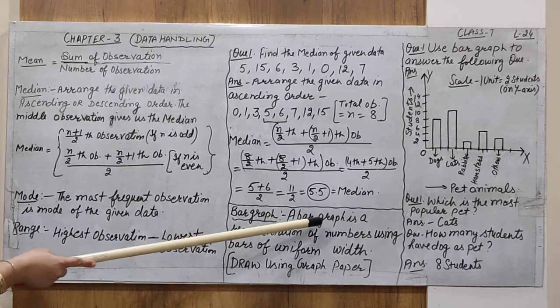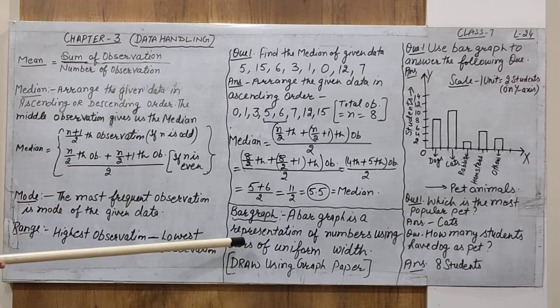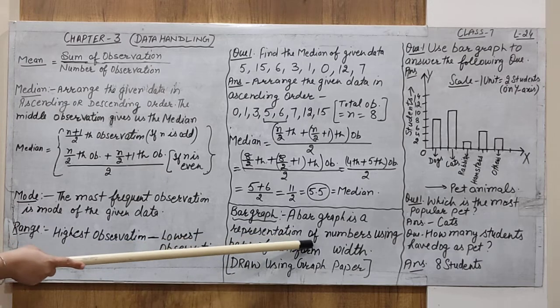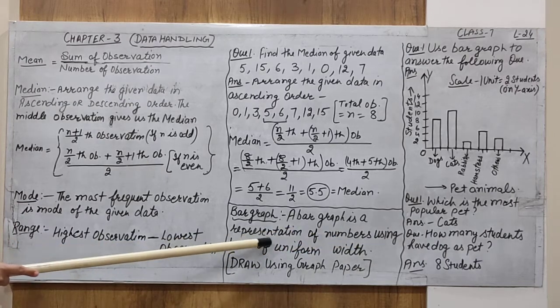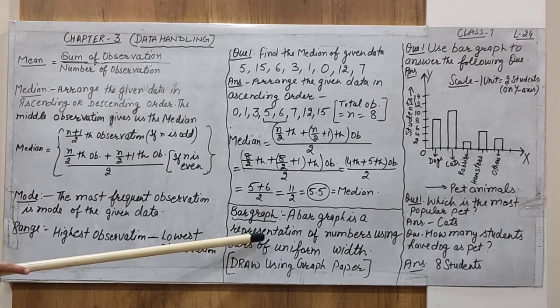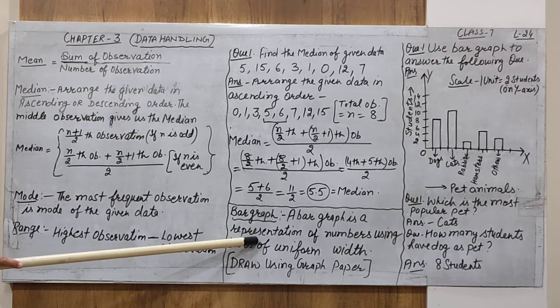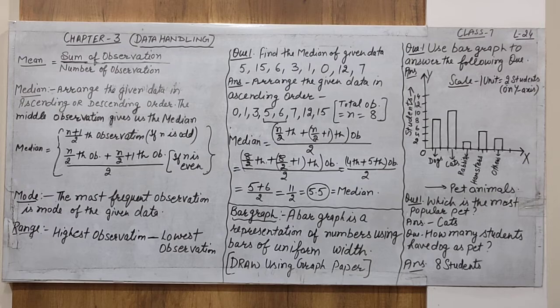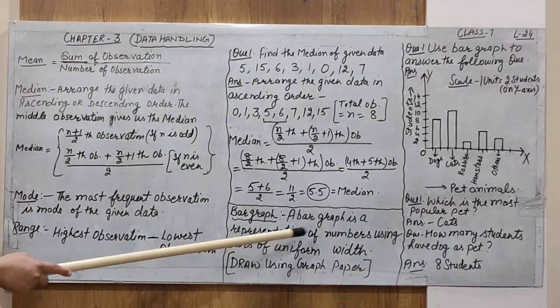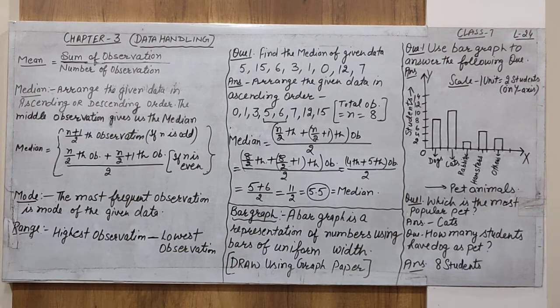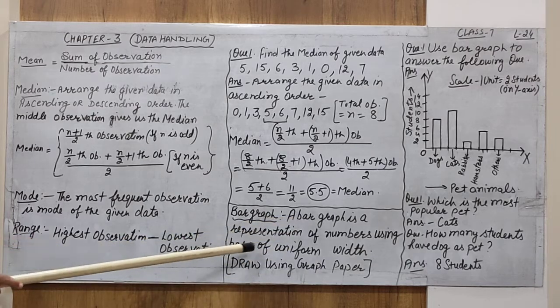Now a bar graph is a representation of numbers. Representation means you have to represent, like in the pictograph which you did in 6th class. Using pictures we show how the data is represented. In a pictograph we use pictures, in a bar graph we use bars.